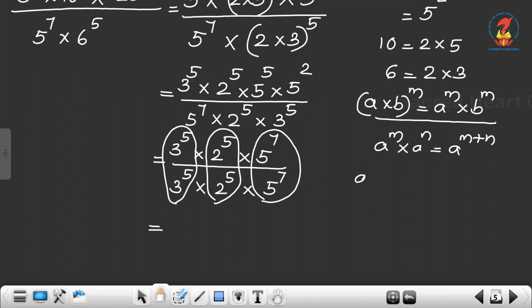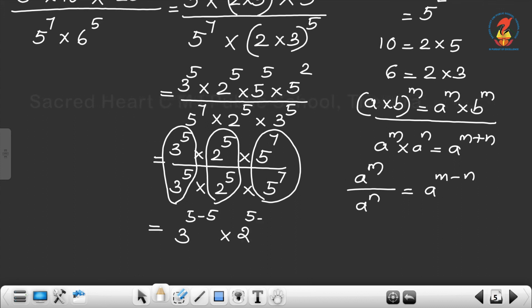Using the law, a raised to m divided by a raised to n equal to a raised to m minus n. Therefore, 3 raised to 5 minus 5 into 2 raised to 5 minus 5 into 5 raised to 7 minus 7.